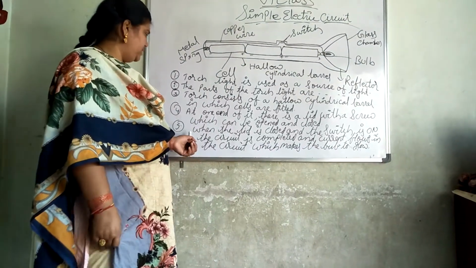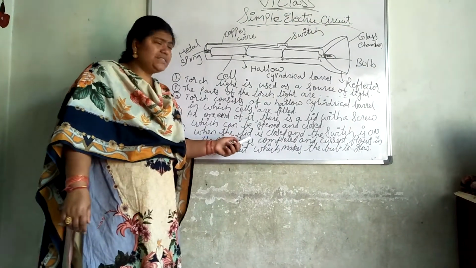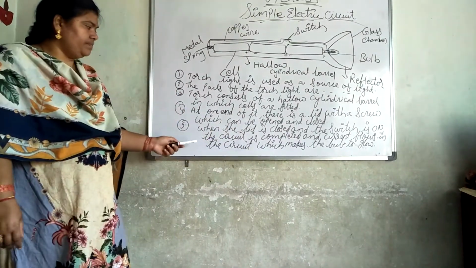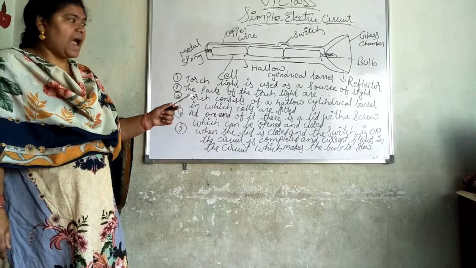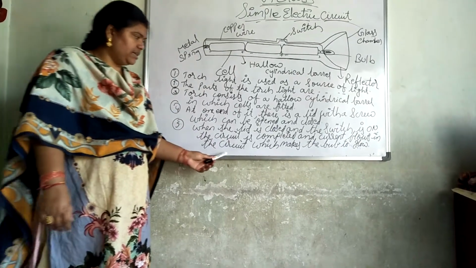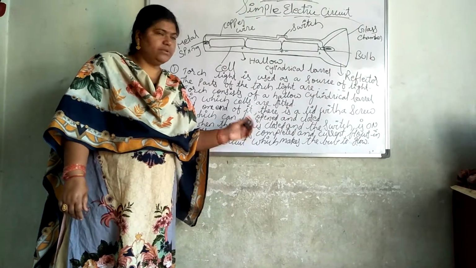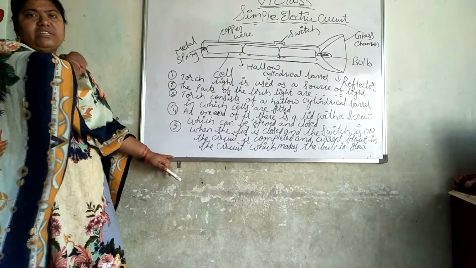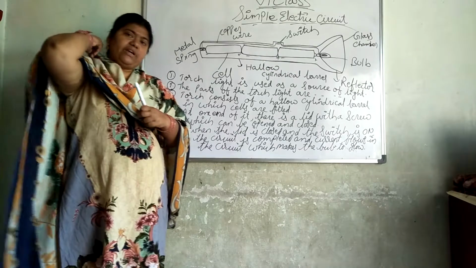Then the next point is when the lid is closed and the switch is on, the circuit is completed and current flows in the circuit which makes the bulb glow, and we say it is a complete circuit. You have to know this answer, very important.